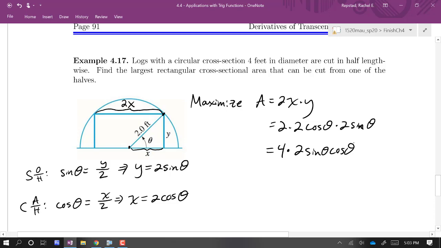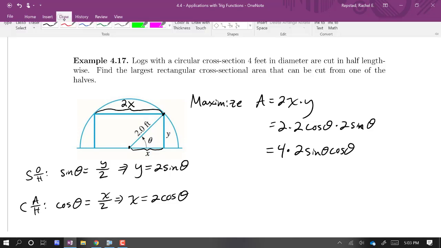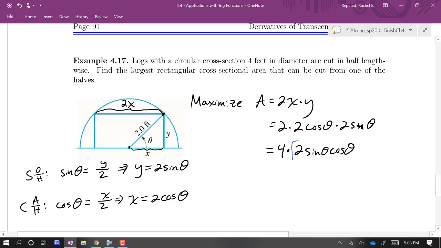As it looks right now, we do have a product, and we could find the derivative using the product rule. However, if you use the double angle formula here, this is equal to sine of 2 theta, and then the derivative just becomes easier.